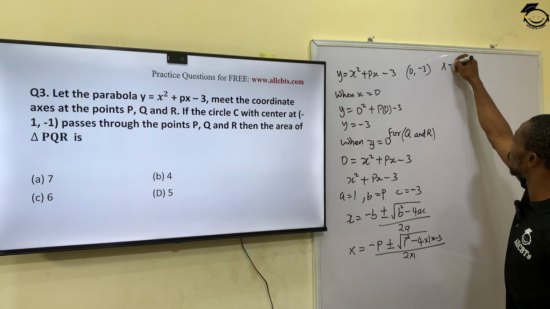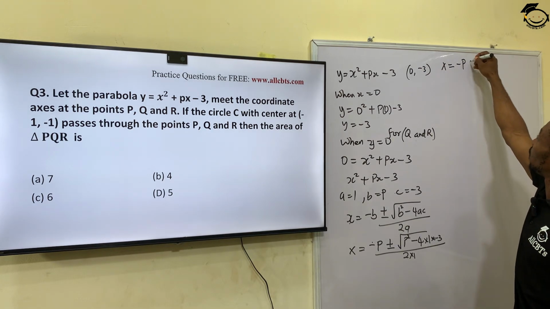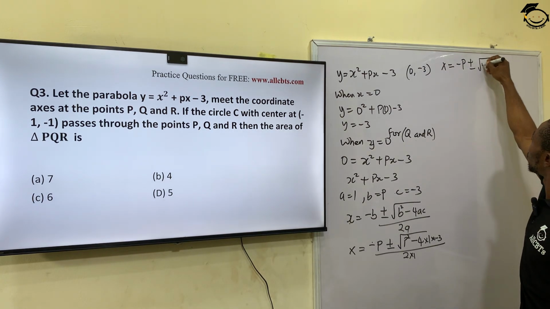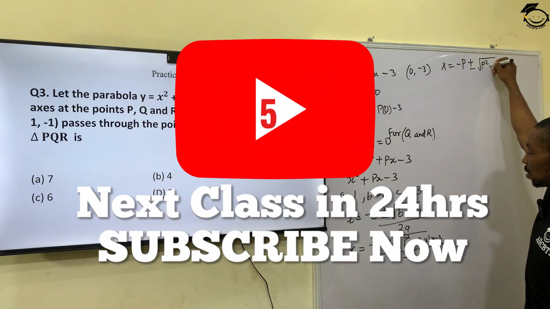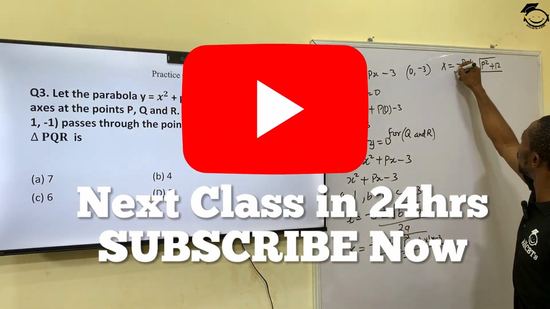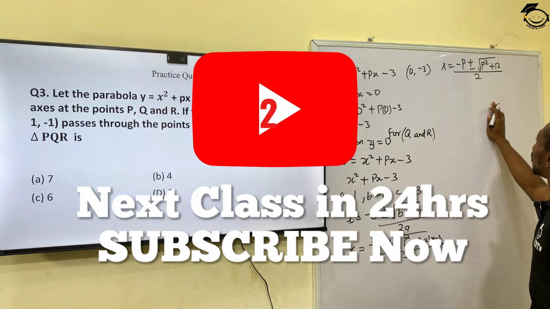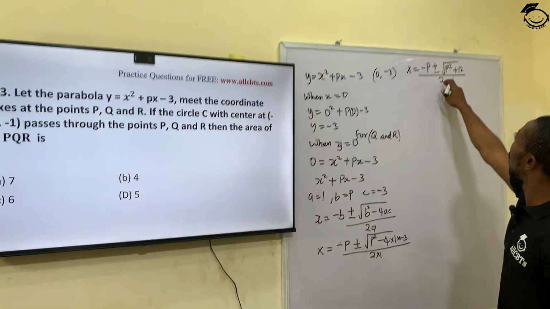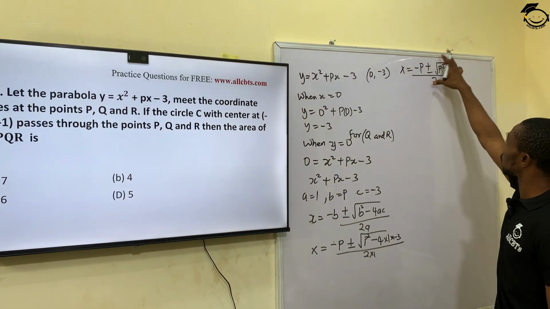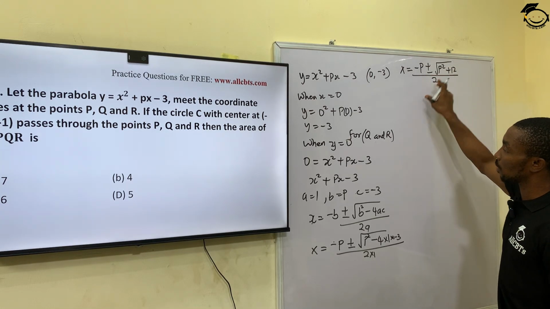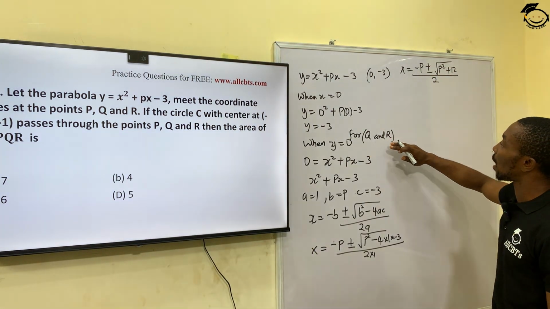So x would be minus P plus or minus root P squared plus 12 over 2. Okay, so this forms our equations for Q and R.